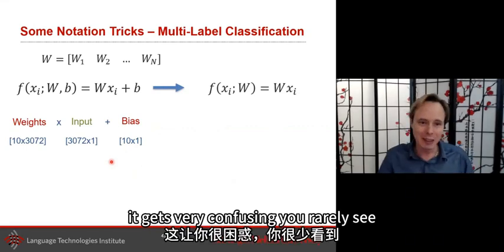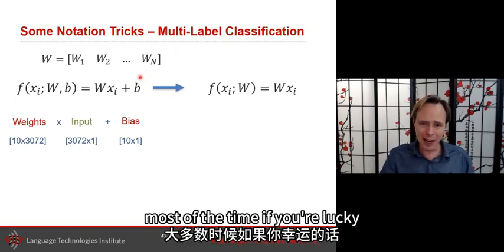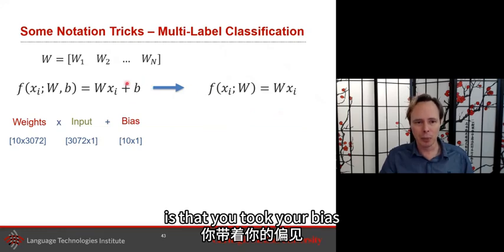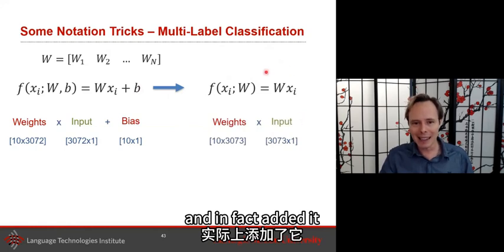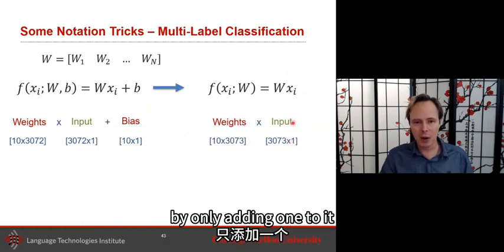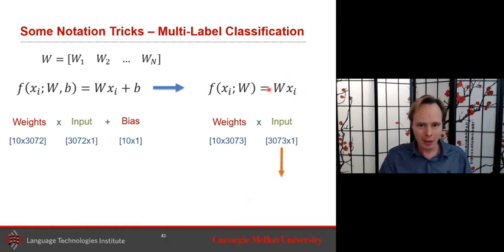You rarely see it nicely written like this. In fact, most of the time, if you're lucky, you will get this, which means you took your bias and added it simply by making your input slightly longer, by adding a 1 to it, and now you have all your parameters in one W. It's just cleaner.